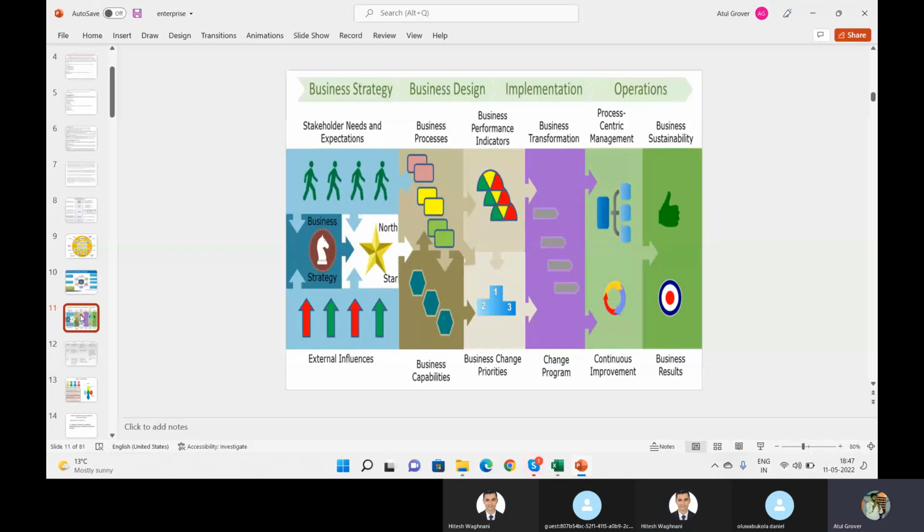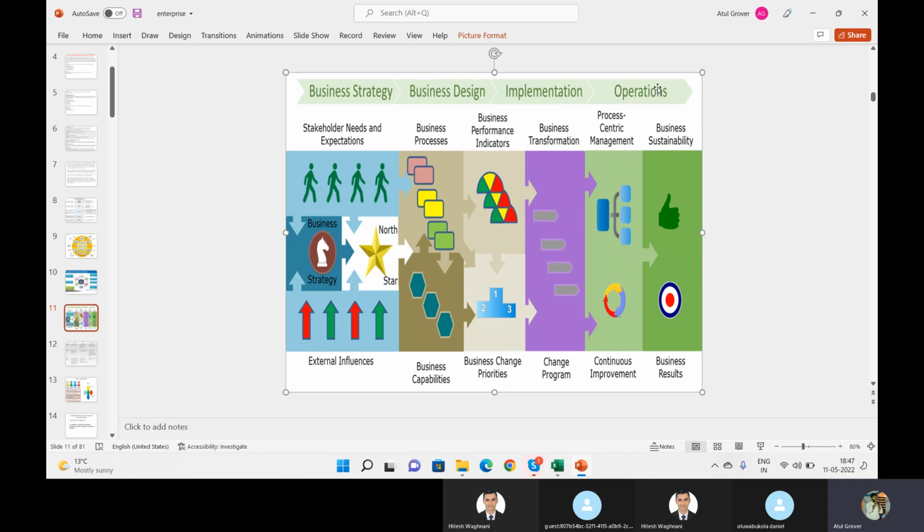Now, if we discuss the previous discussion which we had just 20-30 minutes back, if I broadly categorize this, it has business strategy, then business design, then implementation, and then operation.